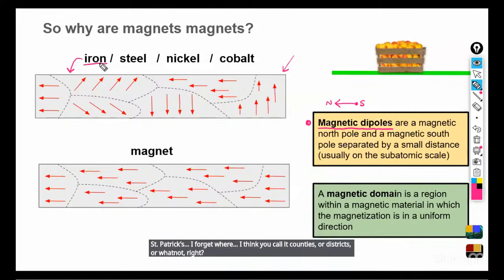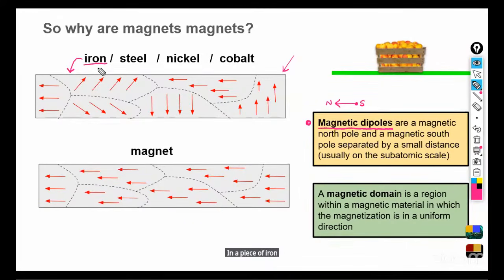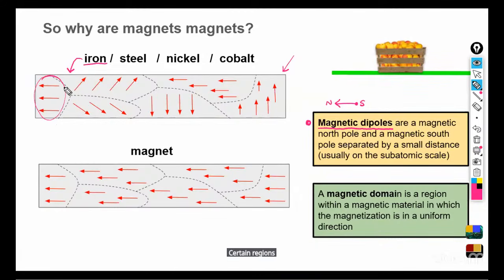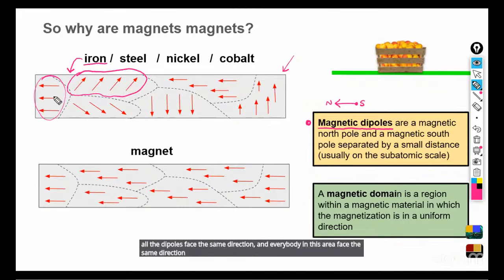In a piece of iron, or inside something that is not a magnet, you realize that inside non-magnetic materials, certain regions, like in this region here, all the dipoles face the same direction. And everybody in this area faces the same direction. The general areas are called domains.